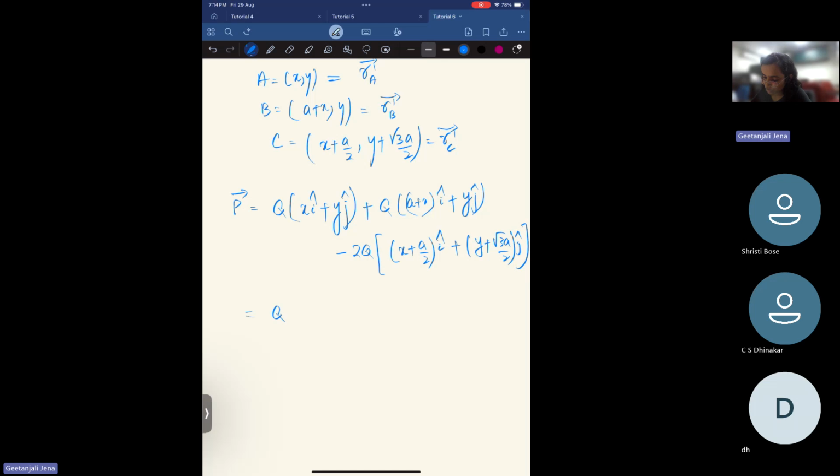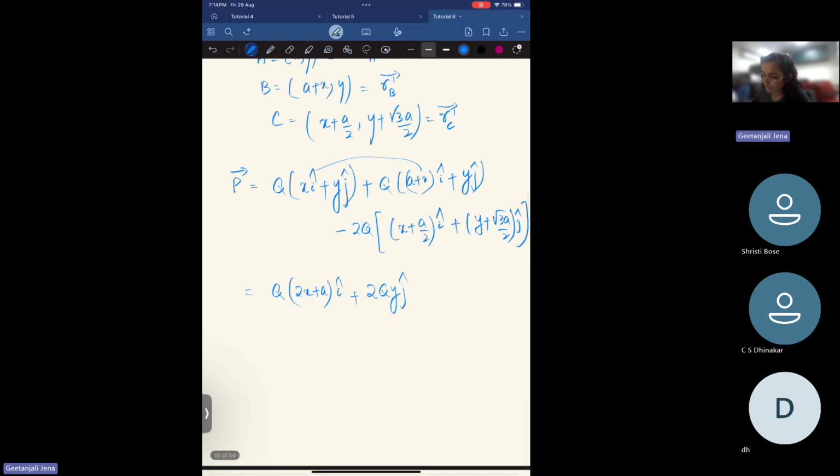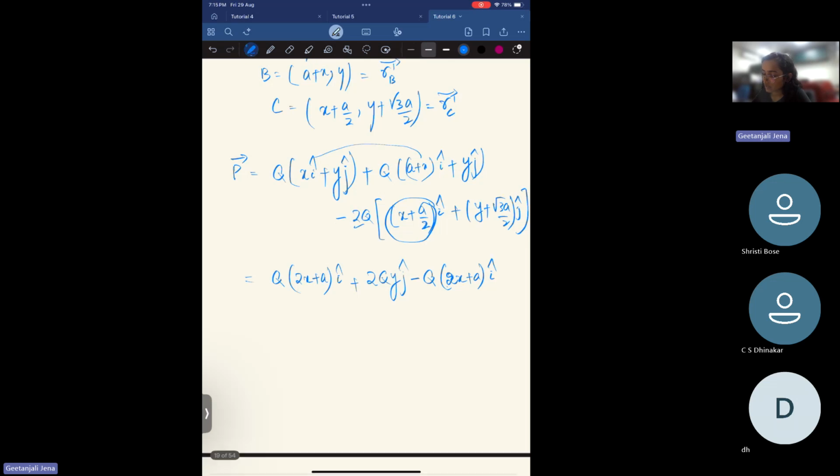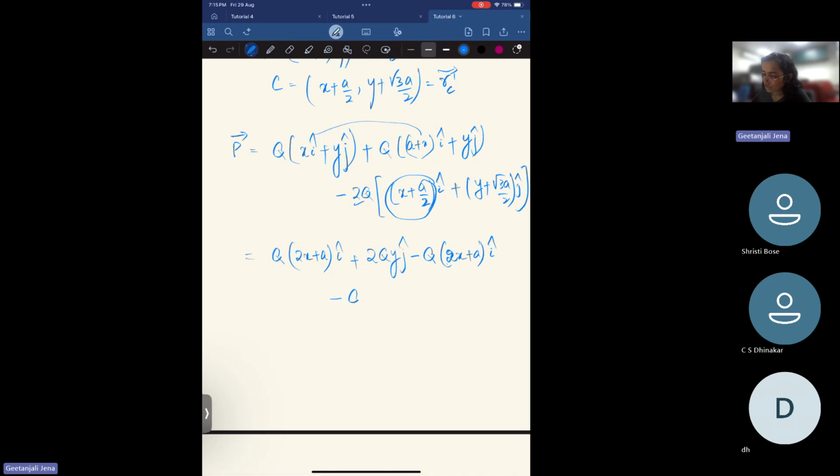So we have q, and if you add, this will be 2x plus a i cap plus 2qy j cap minus 2q. I've just simplified and cancelled.